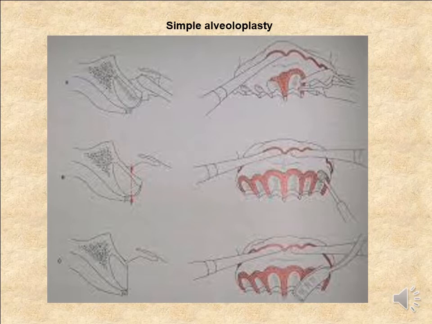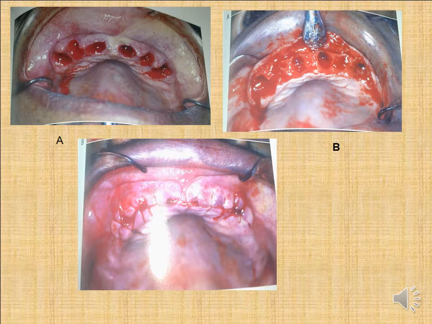This figure shows the surgical technique of simple alveoloplasty for the patient. We can see in figure A multiple extractions for the patient, mainly anterior teeth, that have led to irregularity of the alveolar process.